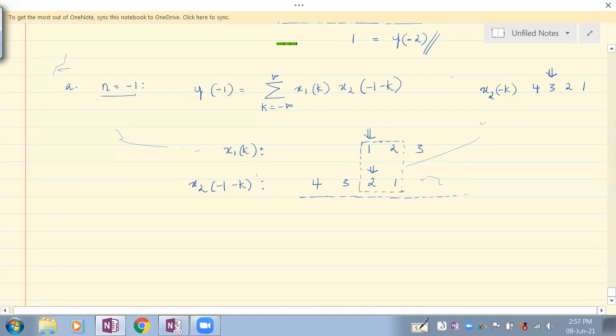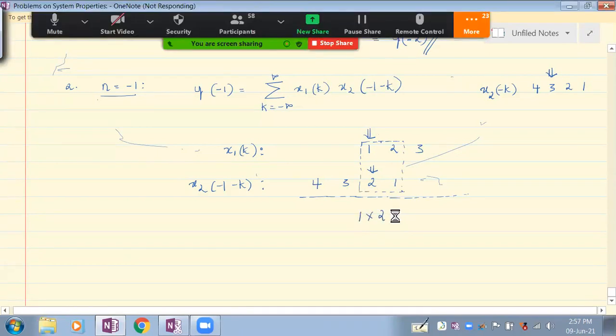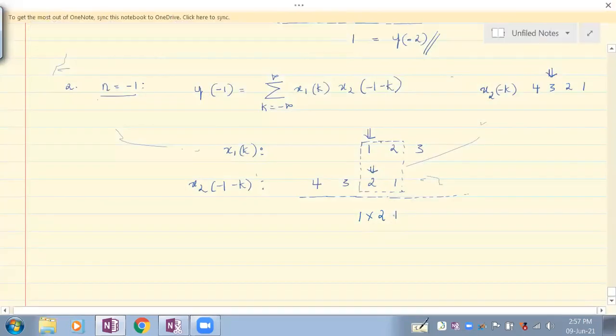So the products of the overlapping samples need to be added: plus 2 into 1. So this is 2 plus 2, that is 4, and this 4 is your y of -1. So we got 2 samples now.